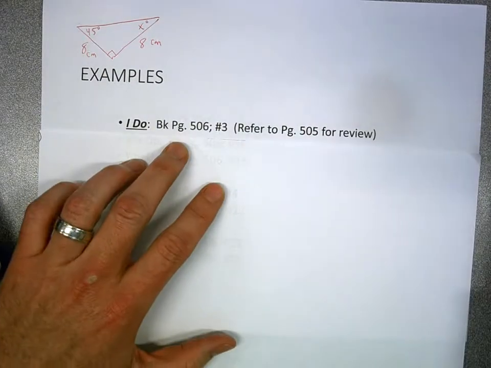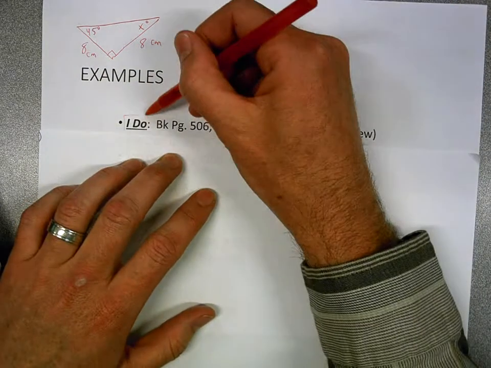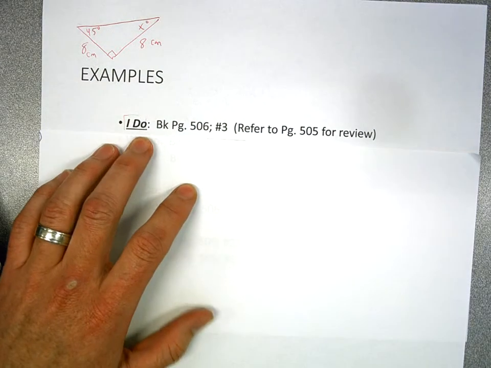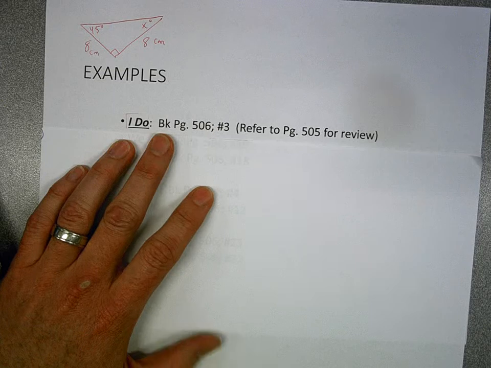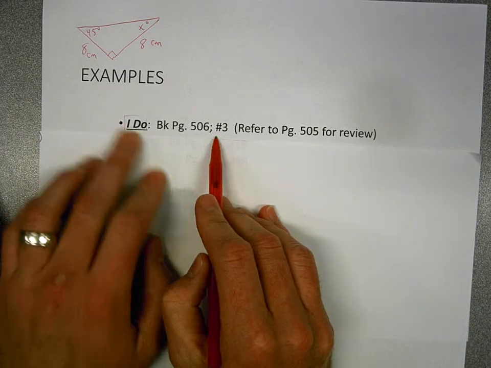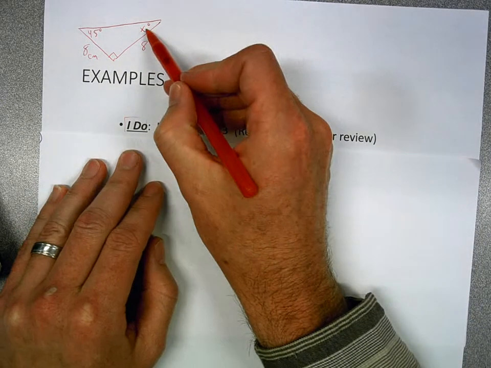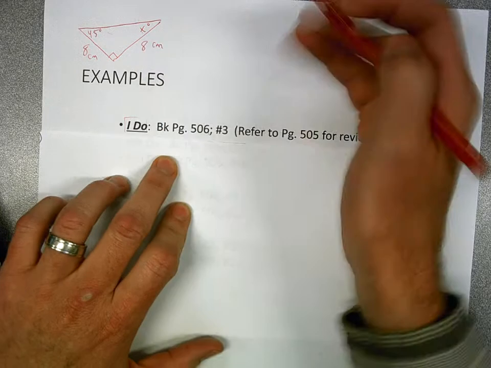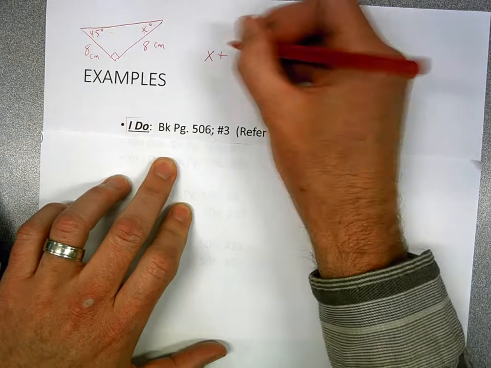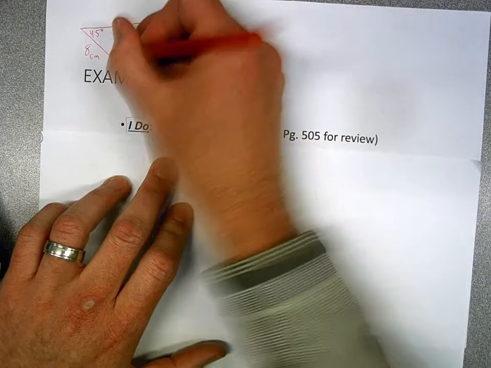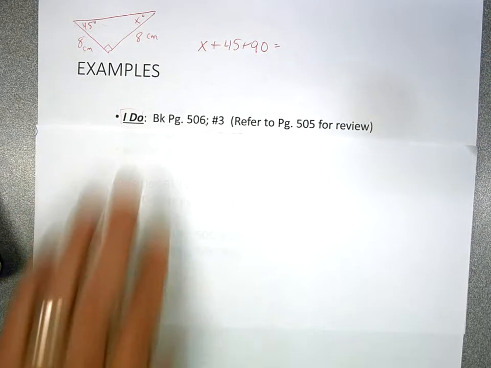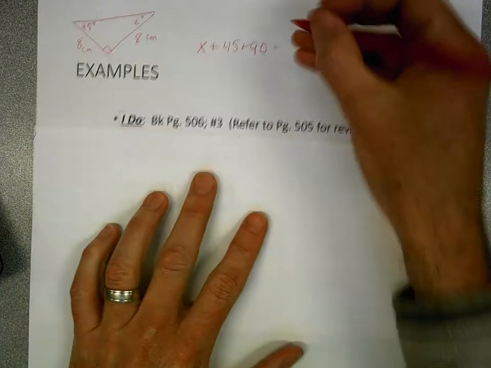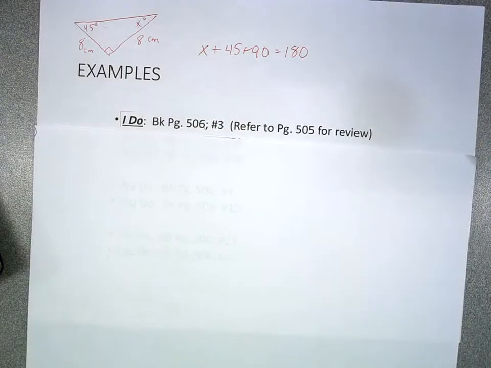On problem number 3, remember, you don't necessarily have to do this. I don't believe it's even on your homework. So just watch carefully. The very first thing I'm going to do is find this missing angle. I know that this missing angle, plus 45 degrees, plus that square right there, which is 90 degrees, equals 180, because all interior angles of a triangle equal 180 degrees.